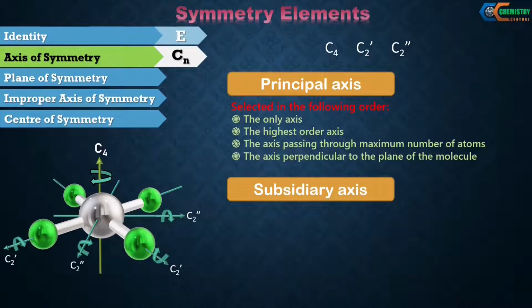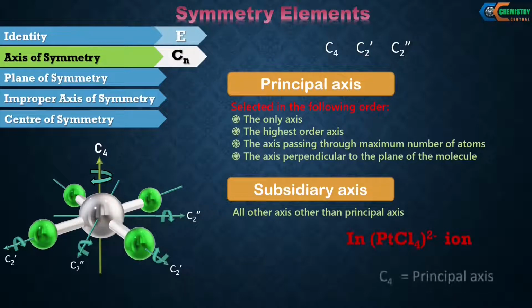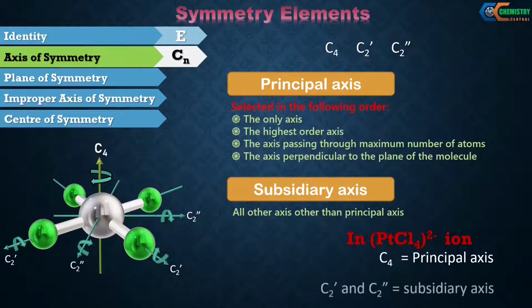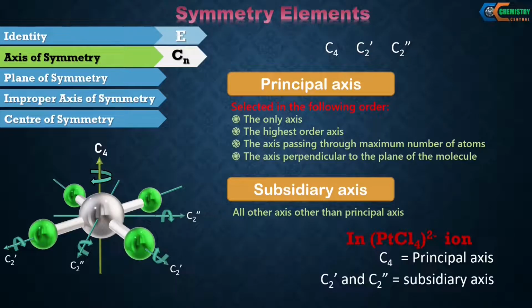After the selection of the principal axis, all the remaining axes are called subsidiary axes. In the tetrachloroplatinate ion, the highest order axis is the C4 axis, so it is called the principal axis, and the C2 dash and C2 double dash axes are the subsidiary axes.